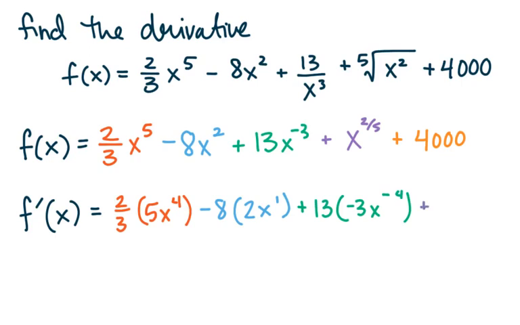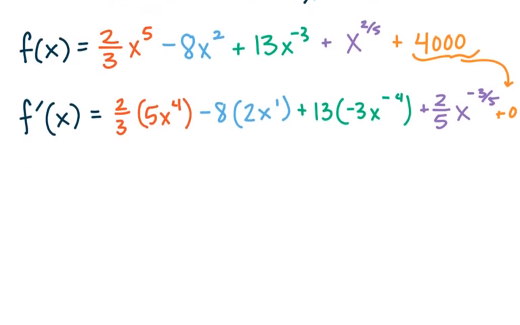I have plus 2/5 x to the 2/5 minus 1. So 2/5 take away 1 is 2/5 take away 5/5, or negative 3/5. And this last term is a constant, so the derivative of that is plus 0, which I don't really need to write. So I have my function and now my derivative.